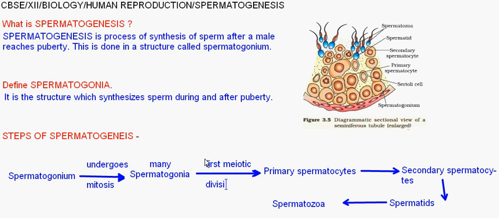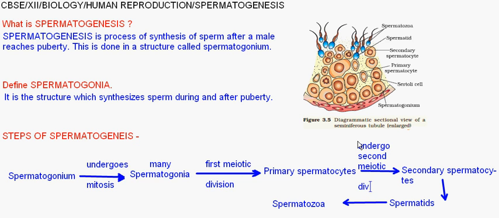Then primary spermatocyte undergoes second meiotic division and it produces secondary spermatocyte.